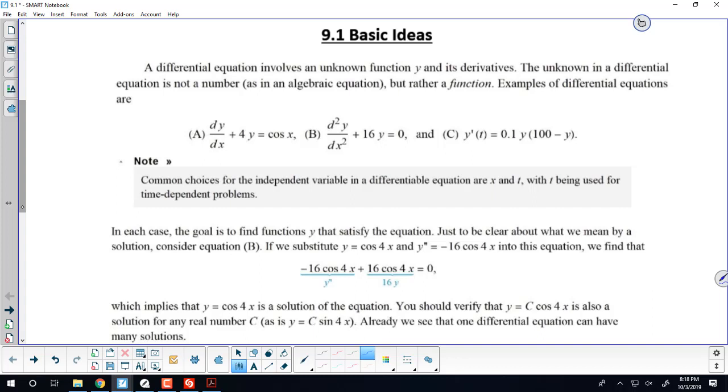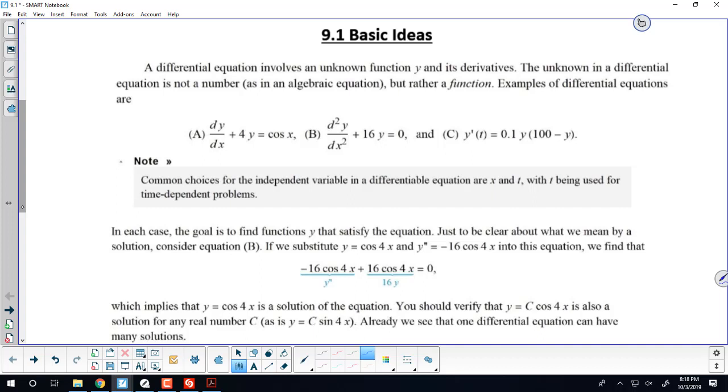When you hear differential, what do you think? Derivative, right? Differential, derivative, same thing. So a differential equation is just an equation that involves a derivative. Instead of the unknown being a number, the unknown in a differential equation is an actual function.